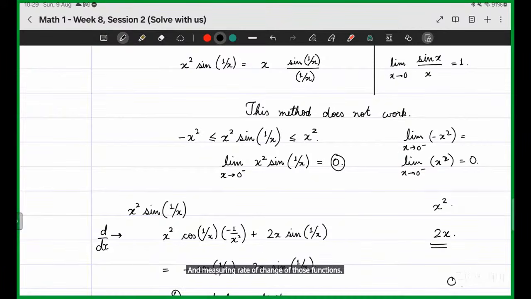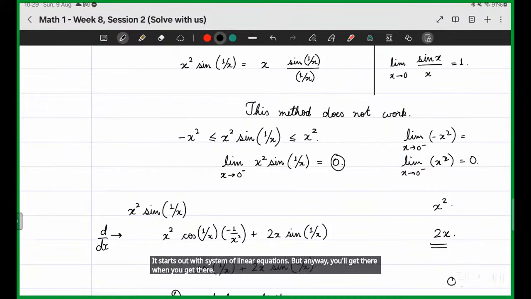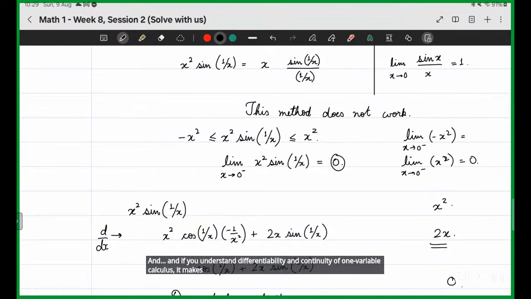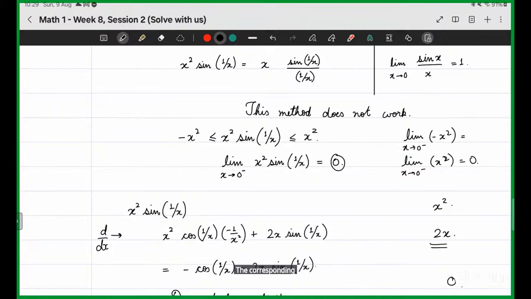Linear algebra is something which starts out with systems of linear equations. But anyway, you will get there when you get there. Linear algebra and multivariable calculus are the broad set of subjects in Maths 2. Yes, thanks. And if you understand differentiability and continuity of one variable calculus, it makes the corresponding topics of Maths 2 much clearer, much easier.